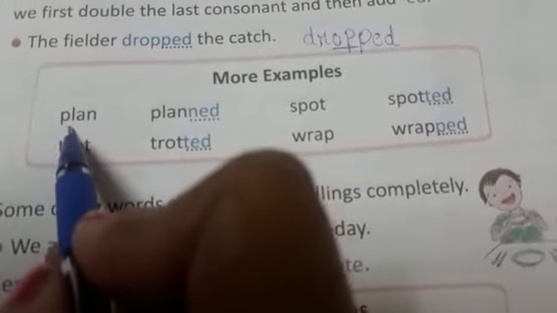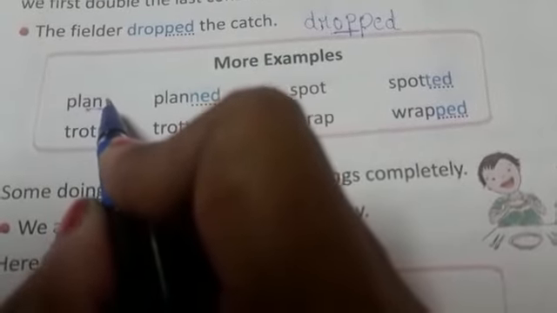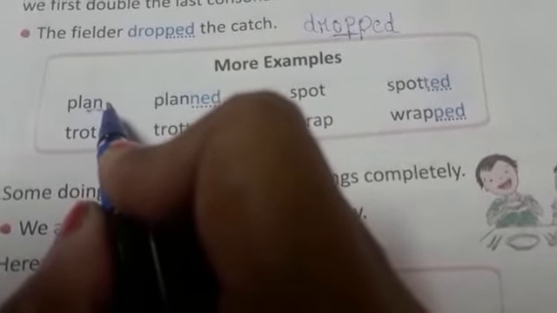I'll show you some more examples. Now you can see PLAN, plan. A is a vowel and N is a consonant. The last letter is a consonant, so you repeat that consonant again.